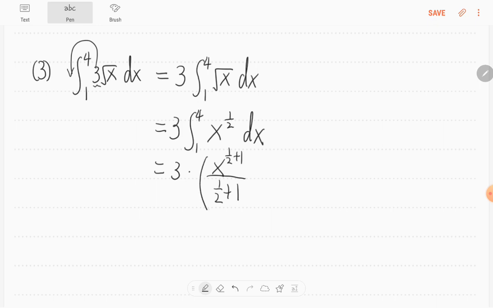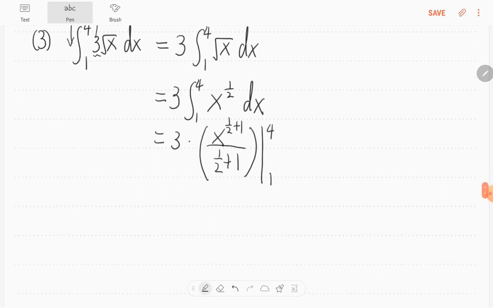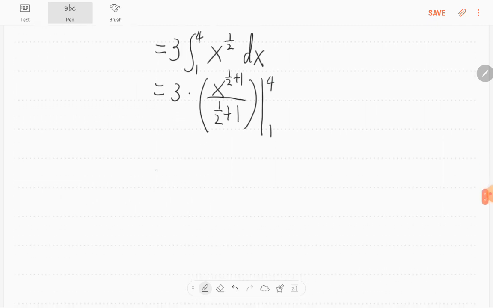Then we evaluate this antiderivative at 1 and 4. So what does this mean? This means it's equal to 3 times, we use some brackets to group the difference, right?